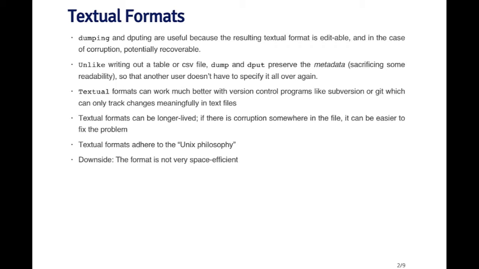If the metadata do not get carried with the data set itself, then they can get lost if they get transferred somewhere else. And if you don't remember what the metadata are, for example, the classes of the different columns, then you have to reconstruct that from scratch. So that's one advantage of using a function like dump or dput to output data from R.